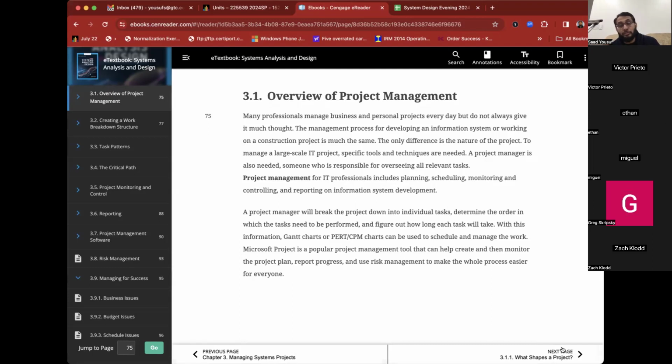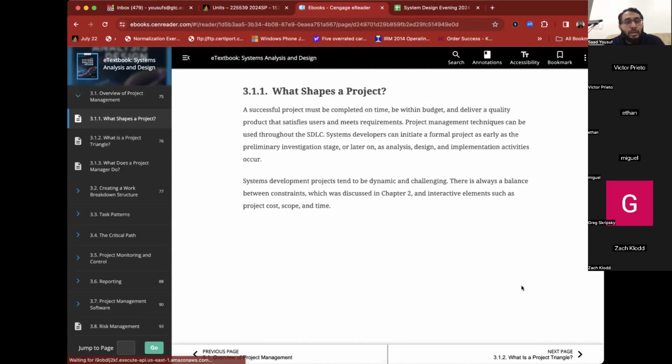Like if you're taking the waterfall approach, or the systems analysis and design approach, or the agile approach, or the prototyping approach, whatever approach you take will be the defining factor. A successful project must be completed on time, within budget, and must deliver a quality product. And the quality of the product is actually tested against whatever yardstick you set at the beginning of the project.